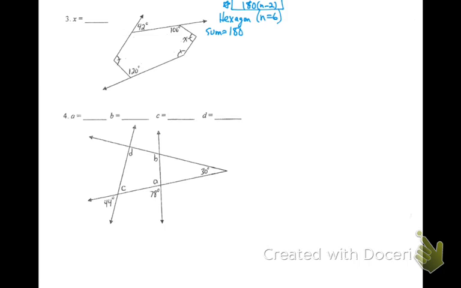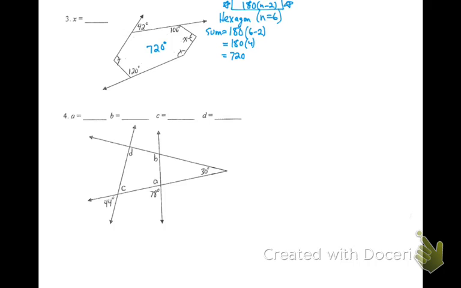So there's the formula for the sum of the interior angles. 180 times n minus 2. So it's going to be 180 times 6 minus 2, which is 180 times 4. When you type in your calculator, you get 720 degrees. So all these angles add up to 720 degrees inside that hexagon.